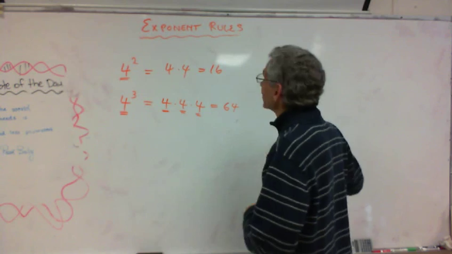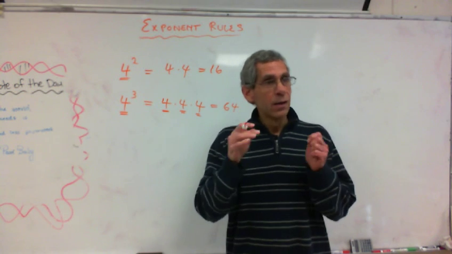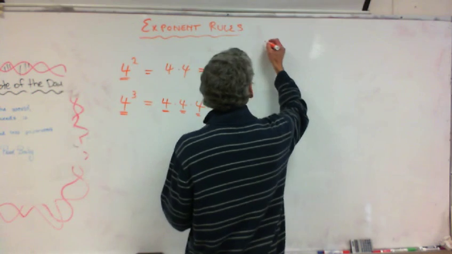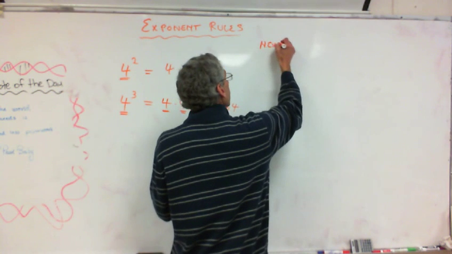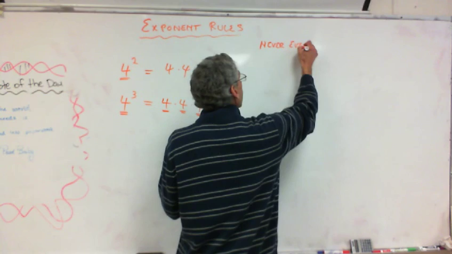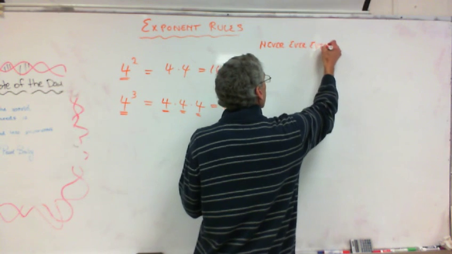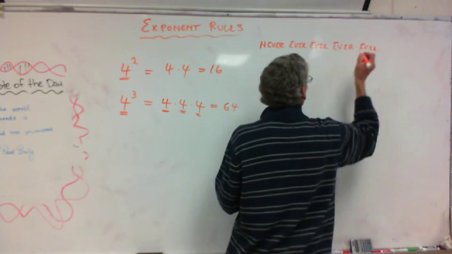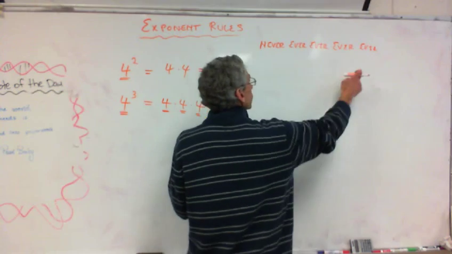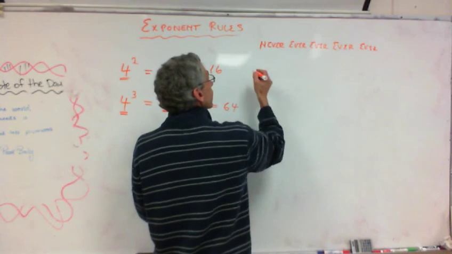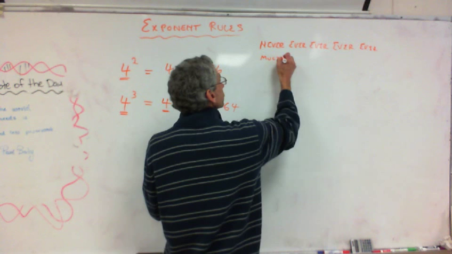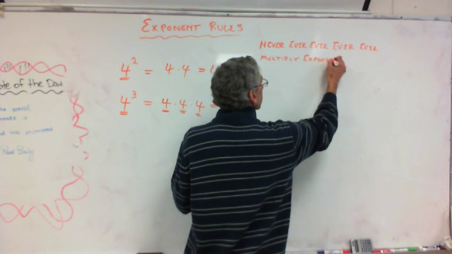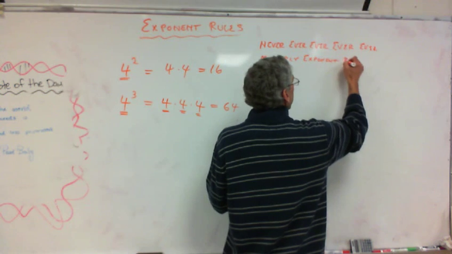And I have this little rule. It's a very technical rule, a little hard to understand, but this is what it is. Never, ever, ever multiply the exponent by the base.